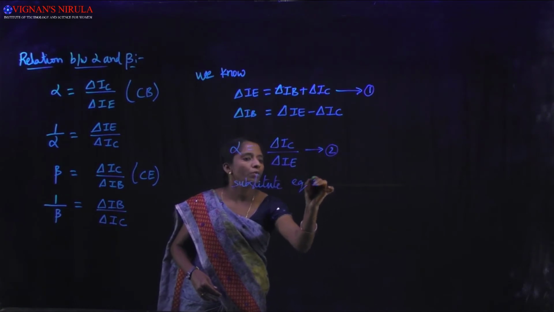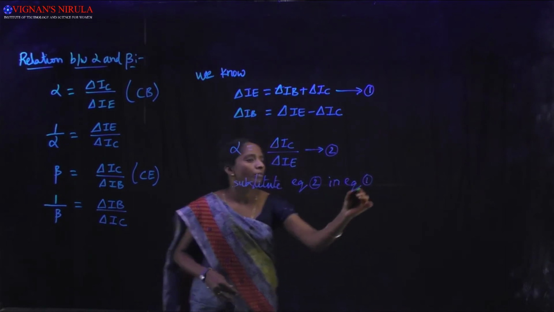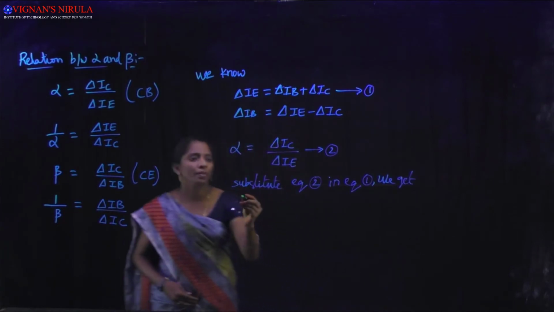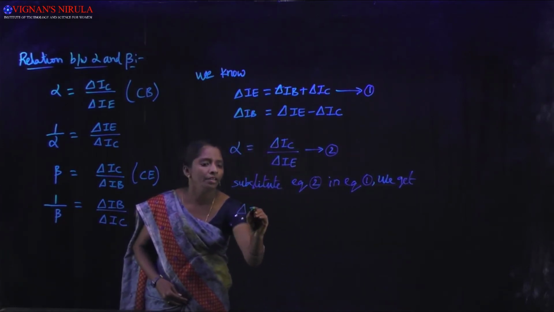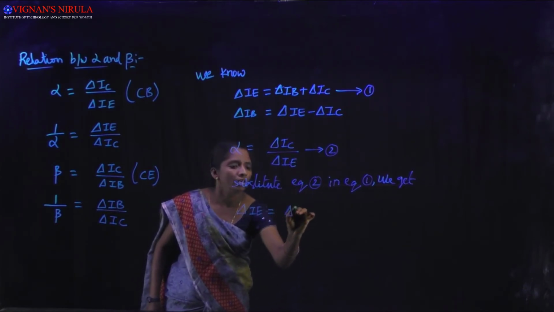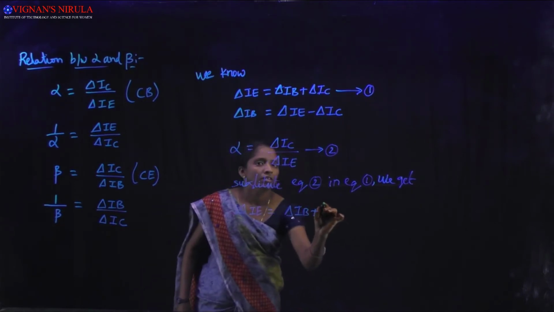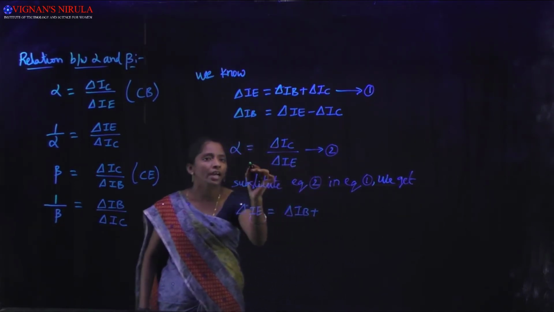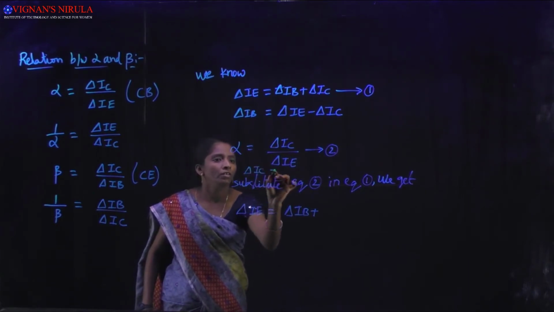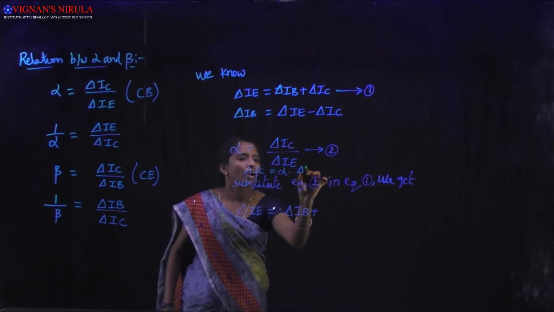From this equation we can write delta IC equal to alpha into delta IE.